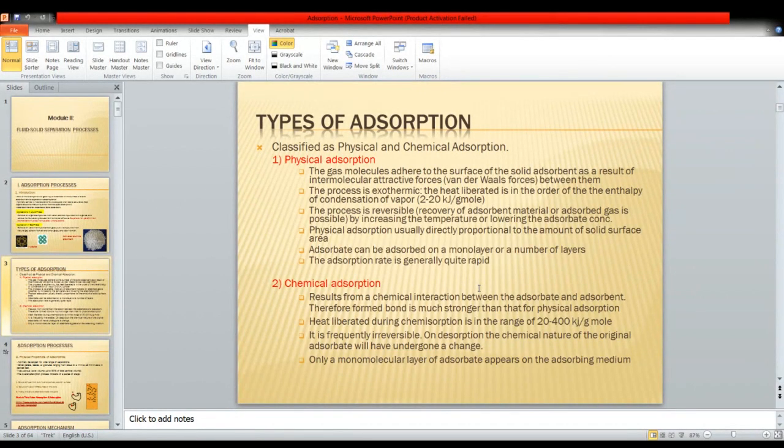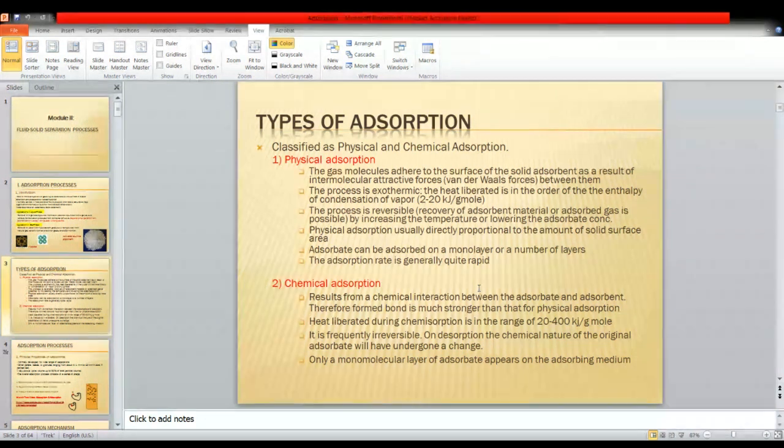Then chemical adsorption. Actually, this is a comparison with physical adsorption. Chemical adsorption results from a chemical interaction between the adsorbate and adsorbent. So it means whenever something is separated from a liquid or gas stream, it will chemically react with the solid and change the solid completely. You cannot recover it.